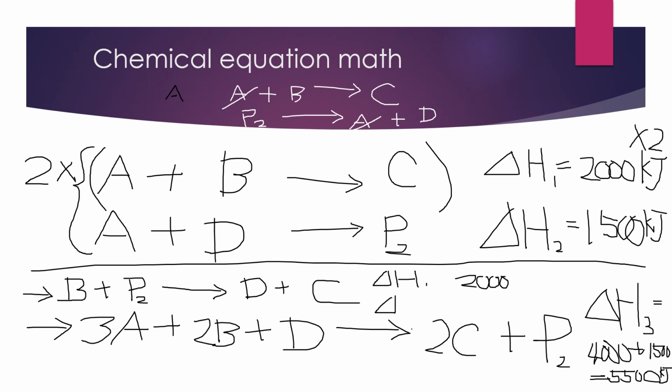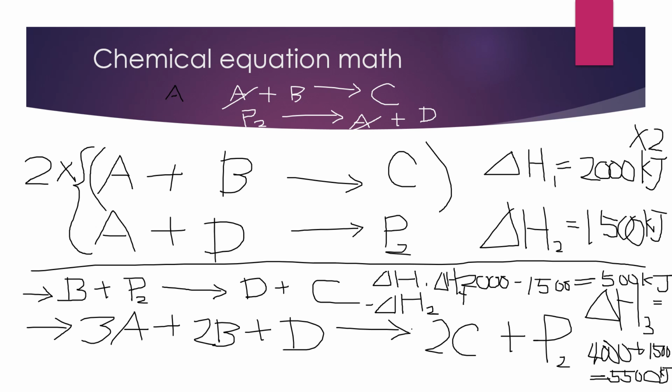That means our delta H2 now is going to be negative, so in that case, we're going to subtract the 1500 kilojoules. And for this chemical equation right here, we will have 500 kilojoules for the delta H, for the enthalpy of this reaction. We will name it enthalpy 4.